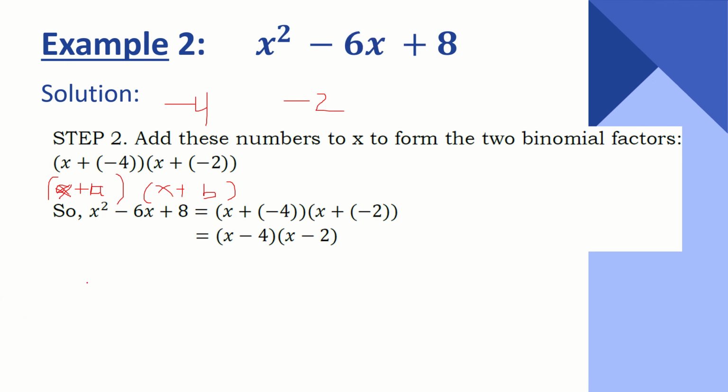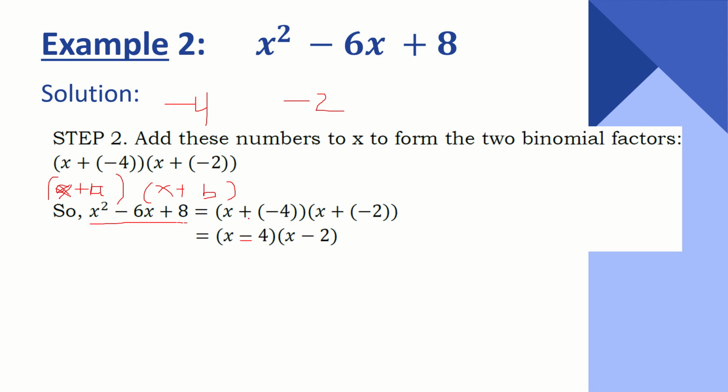Dili siya. So, itong buhaton now, x squared minus 6x plus 8 is equal to x plus negative 4 times x plus negative 2. So, itong buhaton is plus times negative, mahimong negative. Kasi plus, i-multiply siya sa negative, ngayon siyang negative.